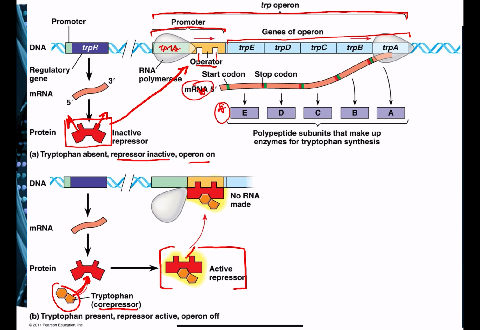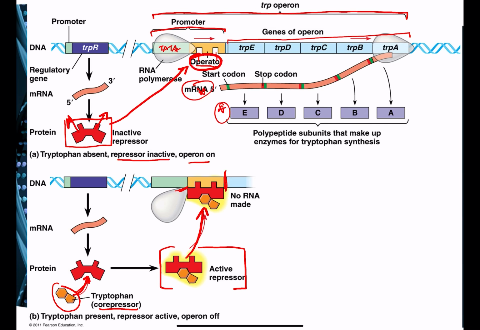Now, this activated repressor can bind to the operator, okay? It's going to bind to the operator, and polymerase is blocked. Polymerase can't access the operon now, okay? It can't access those genes.